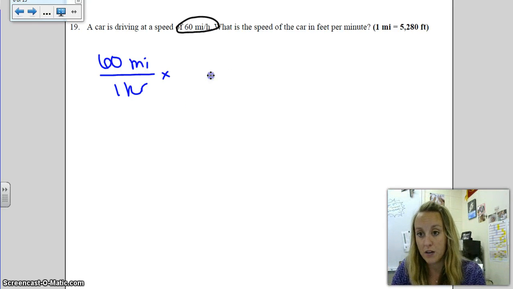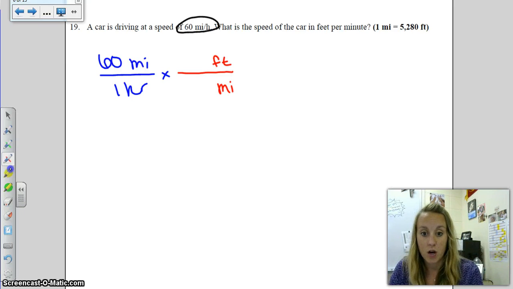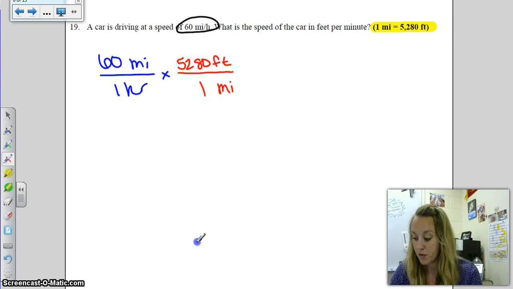So I'll do that in red. Now, if my miles are on top here, that means I need to put my label on the bottom. I'm taking miles into feet. If you don't know the conversion, it's going to be right here on the test, okay? So there is 5,280 feet in 1 mile.